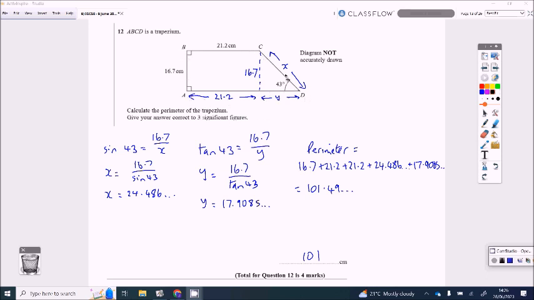Now, starting off with working out x, this is 43 degrees, obviously. This dotted line here doesn't form part of the perimeter, but I need it for my calculation. Obviously, that length is 16.7, so it's opposite here. So looking at this triangle here, to work out x, this side is opposite me. This is the hypotenuse, so I'm going to be using sin. Sin is opposite over hypotenuse.